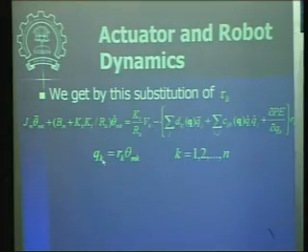Now we can make use of this relation. Your generalized coordinate of the robot is given by gear reduction multiplied by actuator rotation.